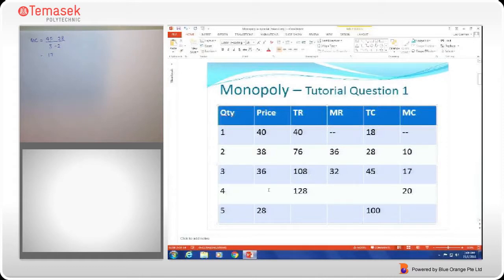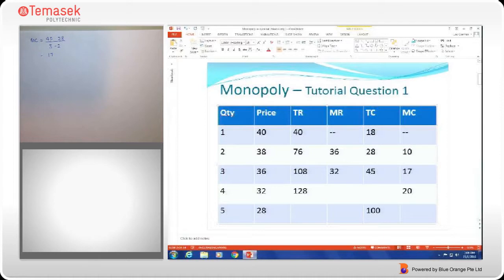Okay. Now for quantity 4, you are being asked to find the price. Again, we're given total revenue, so use total revenue divided by quantity. So it's 128 divided by 4, and we get an answer of 32.